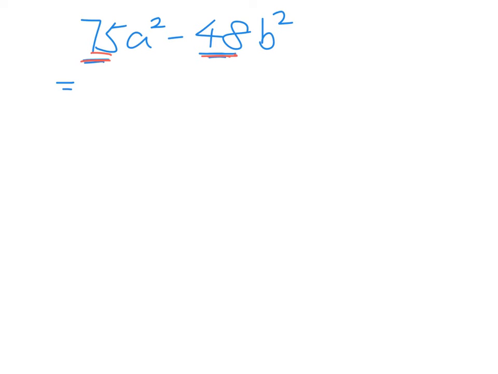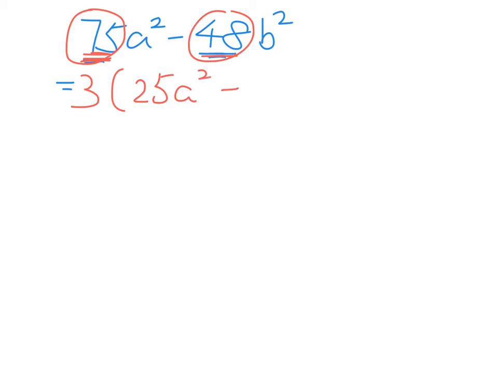So that means before the next action, for these two constants, you can take out 3 as a common factor. For 75, when you take out 3, what remains is 25 a squared. And for 48, when you take out 3, that means you divide by 3, so what remains is 16 b squared.